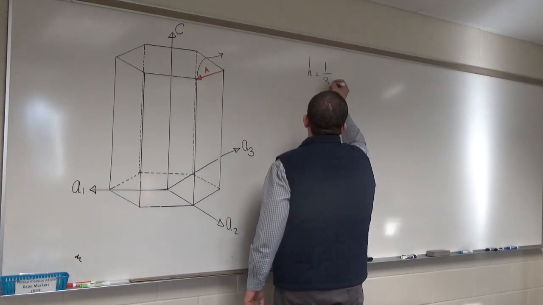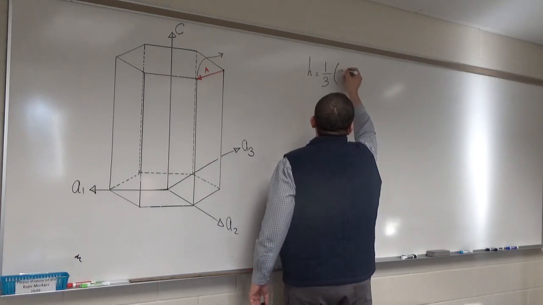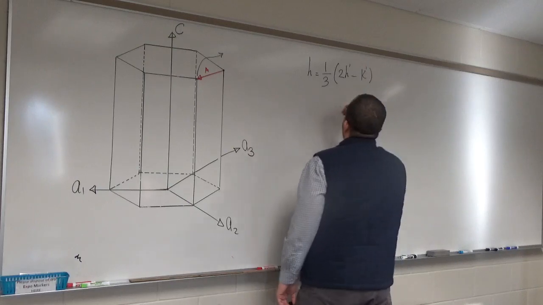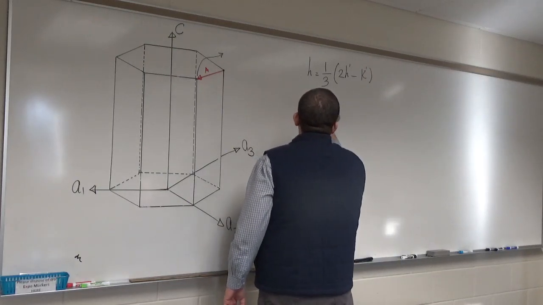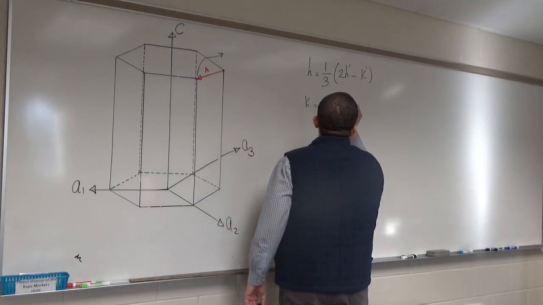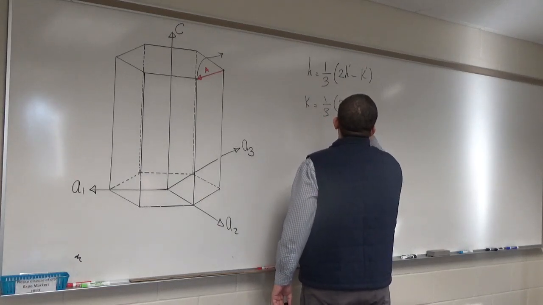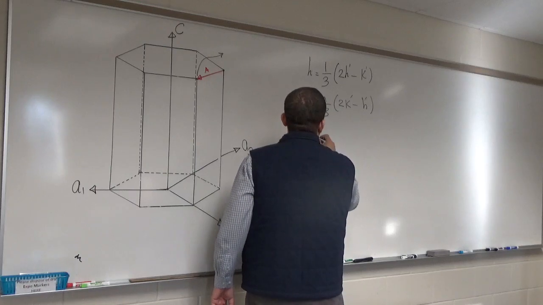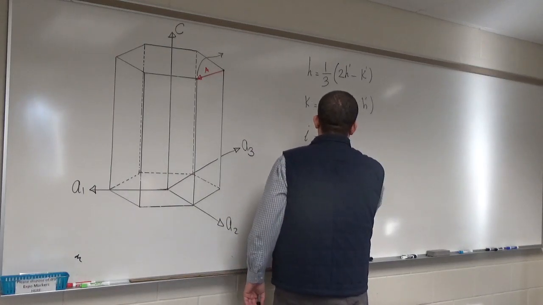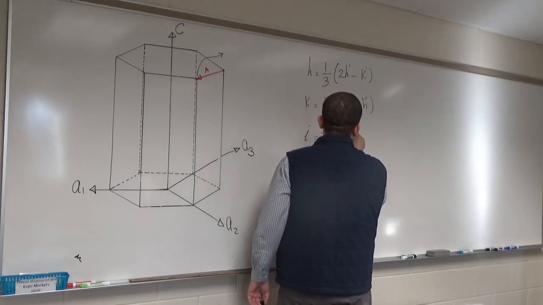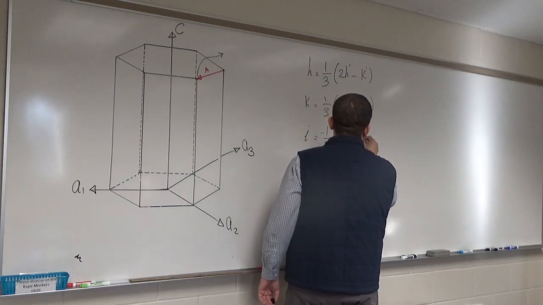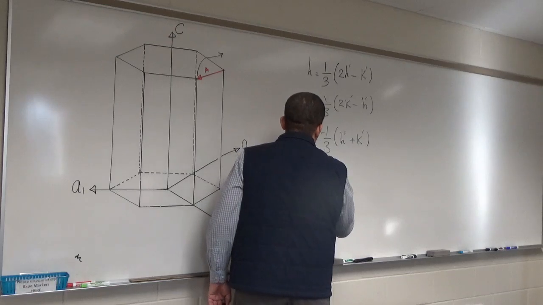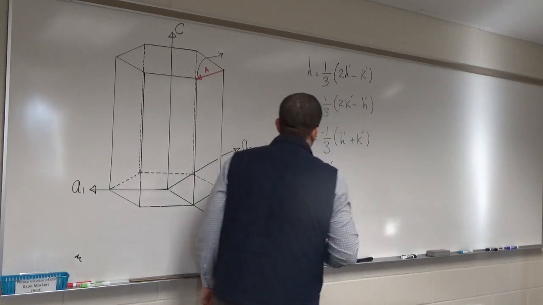So we have h is equal to 1/3 (2h prime minus k prime), and k is equal to 1/3 (2k prime minus h prime), and also i is equal to minus 1/3 (h prime plus k prime). And the last thing is l, it is equal to l prime.